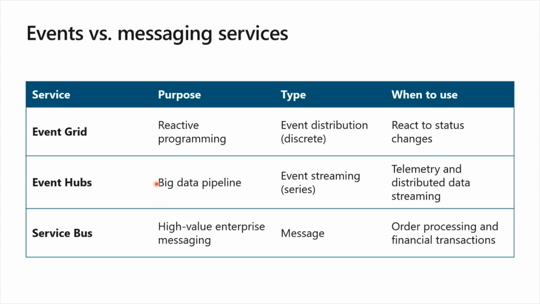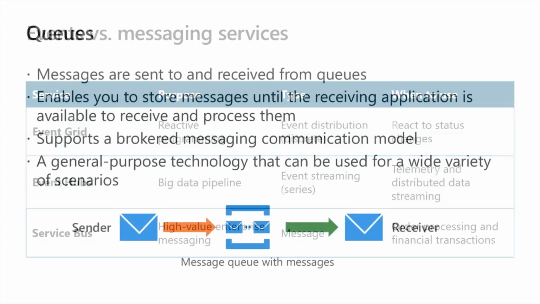Event Hubs, big data pipeline; Service Bus, high value enterprise messaging. So these two are event based and this is message based. So order processing, financial transactions. This one is telemetry and distributed data streaming. React to status change. So Event Grid, react to status change.